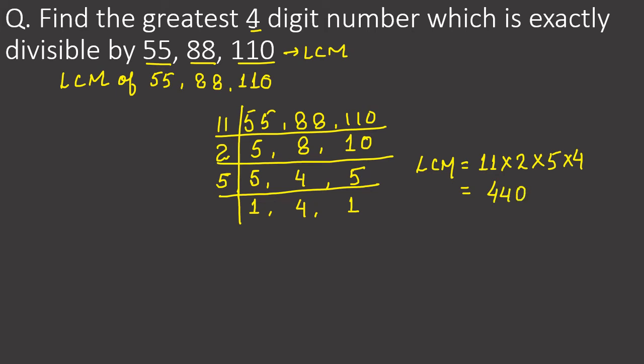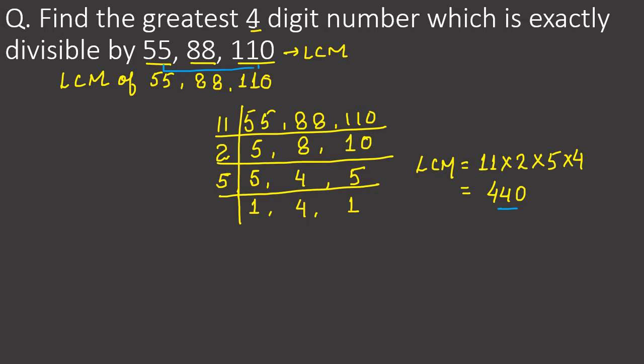Now this 440 is the LCM of these three numbers, which means that if any number is divisible by 440, that number will also be divisible by 55, 88 and 110.